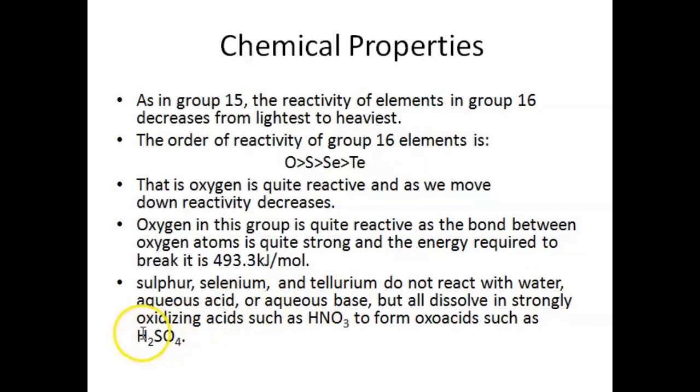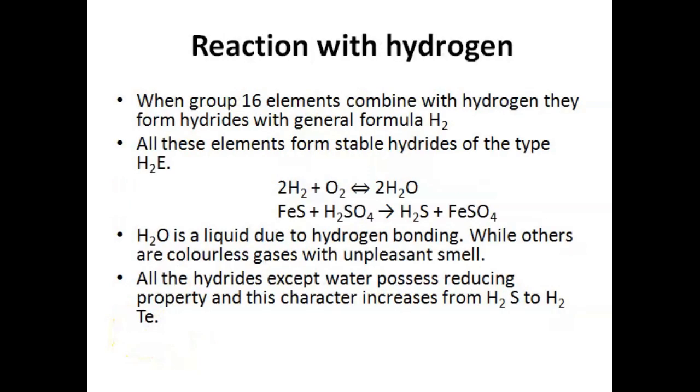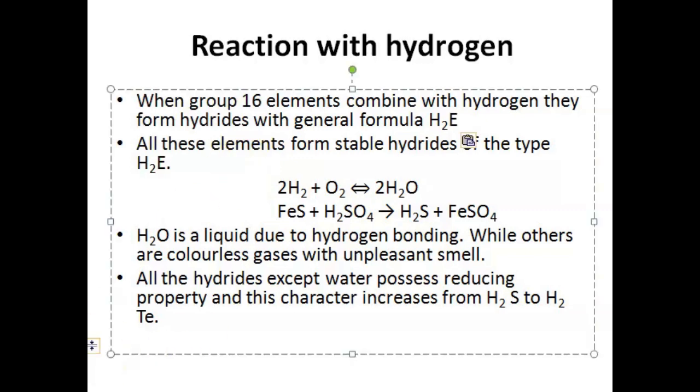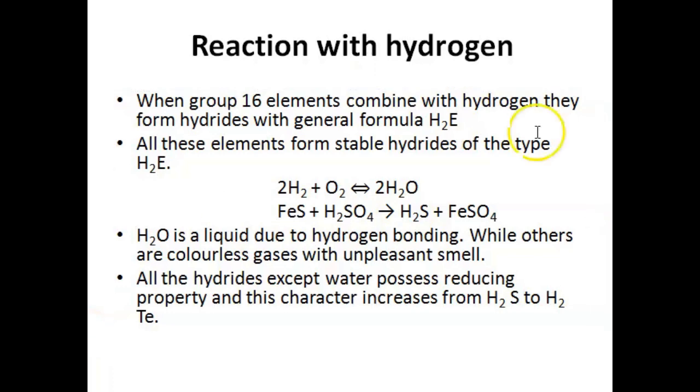When we discuss the reaction of group 16 elements with hydrogen, how does it react? When group 16 elements combine with hydrogen, they form hydrides with the general formula H2E.